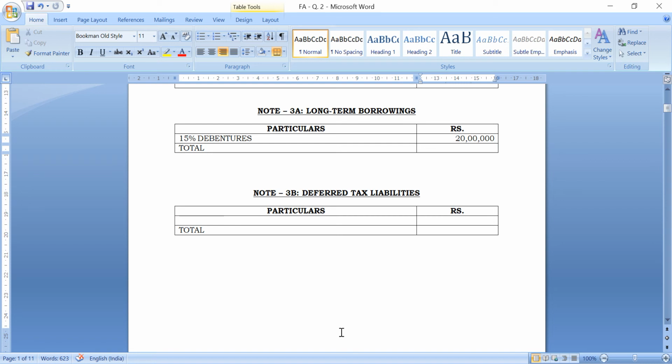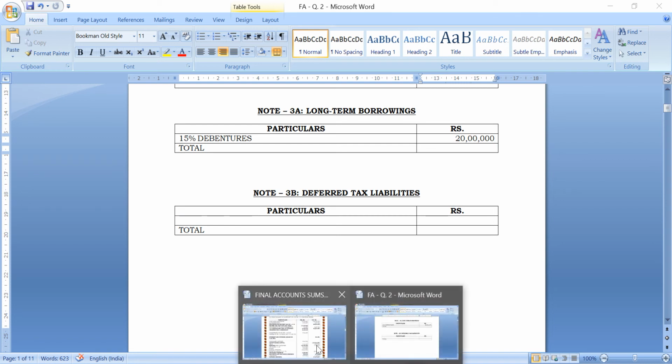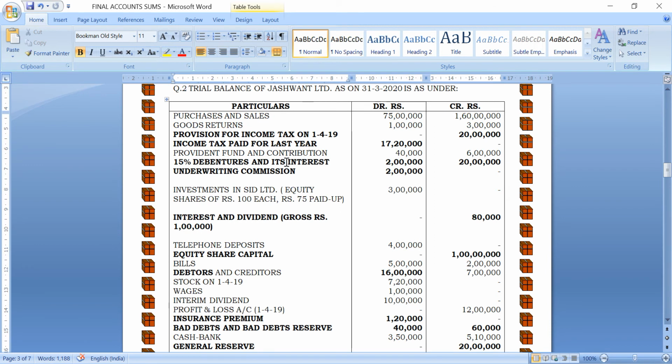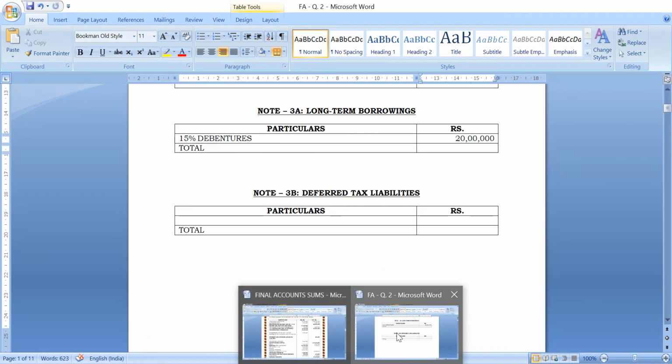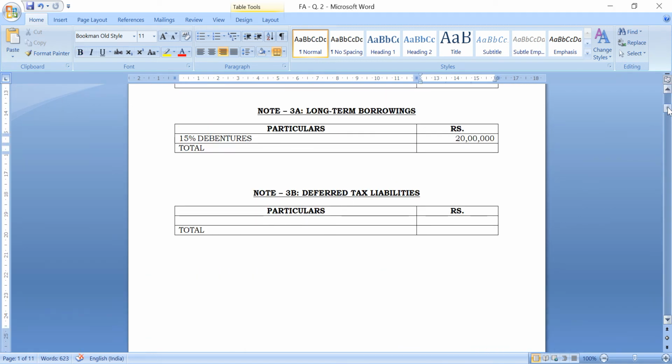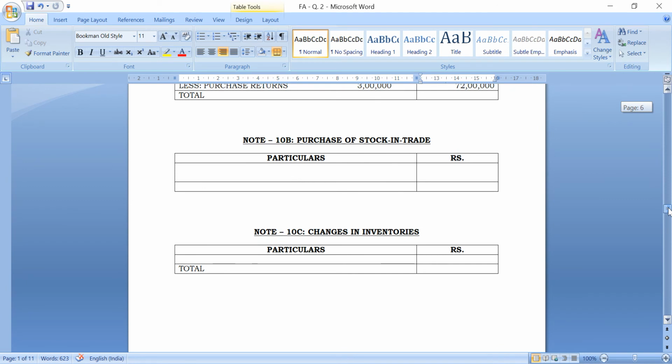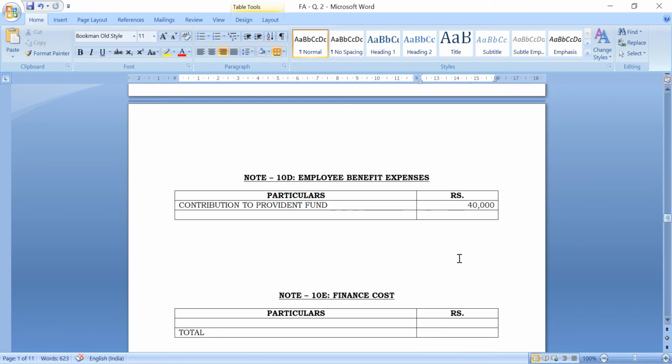Then the next entry is interest on debentures, 2 lakhs. Where will you put it? 10E. It will come at the very end, 10E. Finance cost.